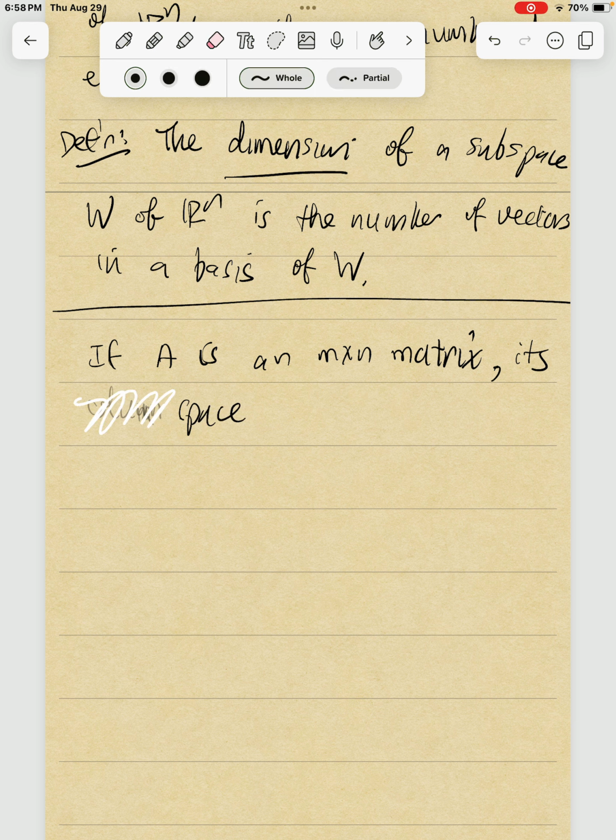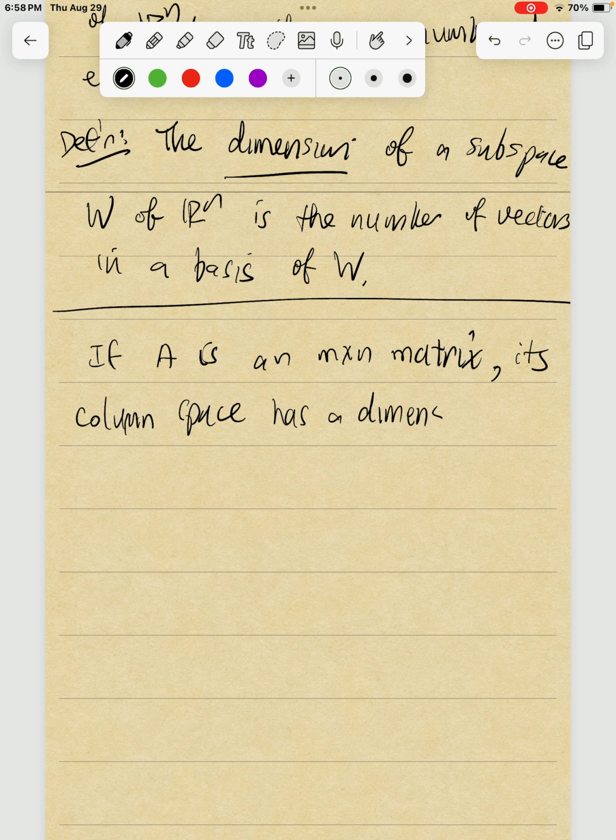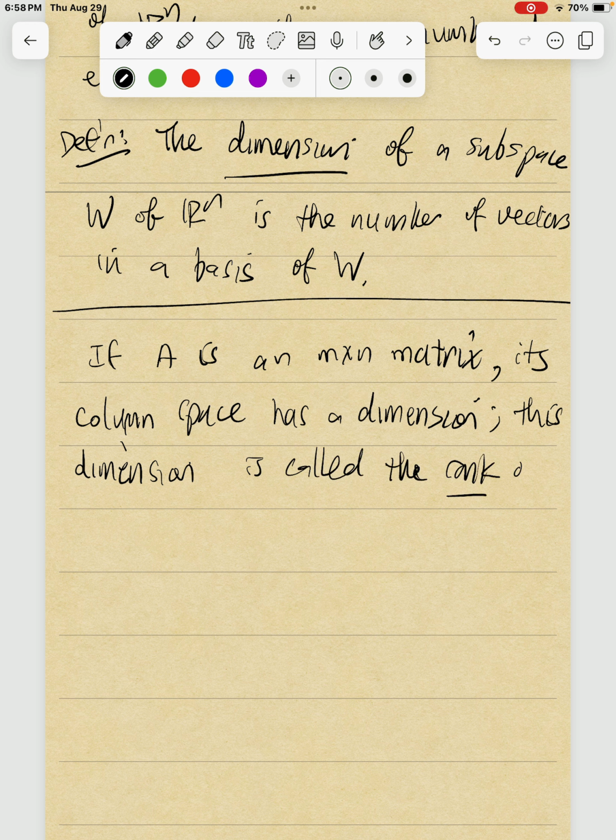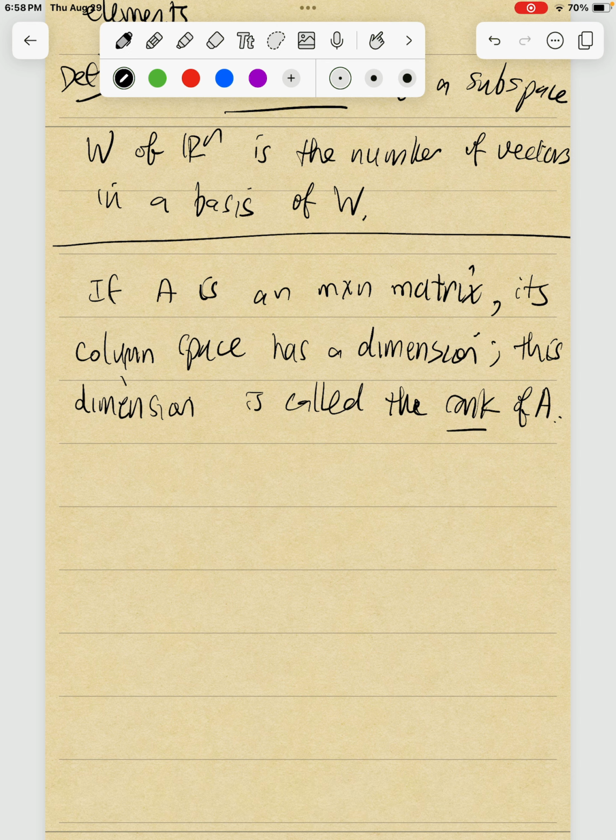The column space is the span of the columns, and it has a dimension, because it's a subspace of Rm. This dimension is called the rank of the matrix A. In other words, it's the dimension of the image of the linear transformation associated with A.